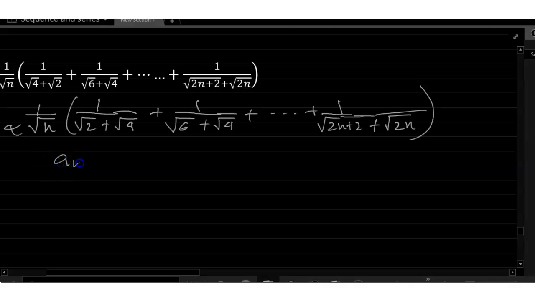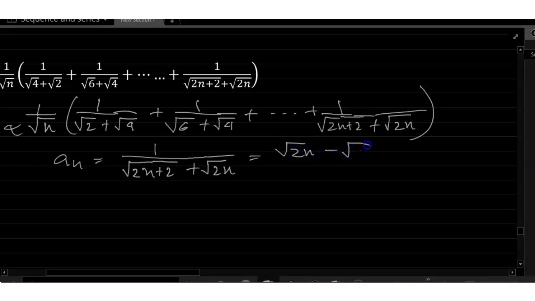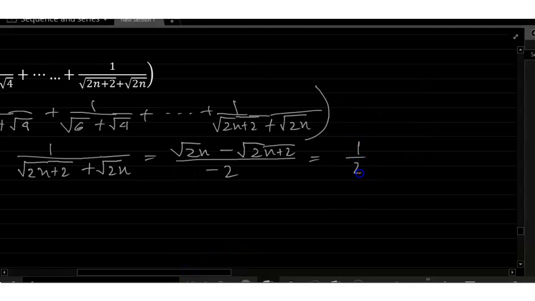So my general term can be written as 1 by root 2n plus 2 plus root 2n, which is root 2n minus root 2n plus 2 divided by minus 2, that is 1 by 2 into root 2n plus 2 minus root 2n.